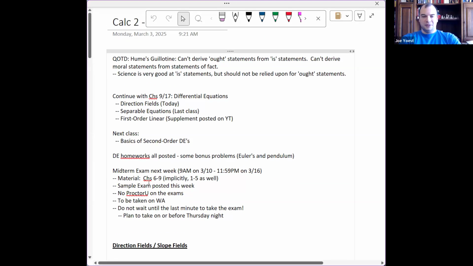All right, so there's quite a bit of administrative stuff, but I think it is important to just have all of that out there. Our quote of the day is a little more of an idea of the day from philosopher David Hume. He lived in the 1700s or so.